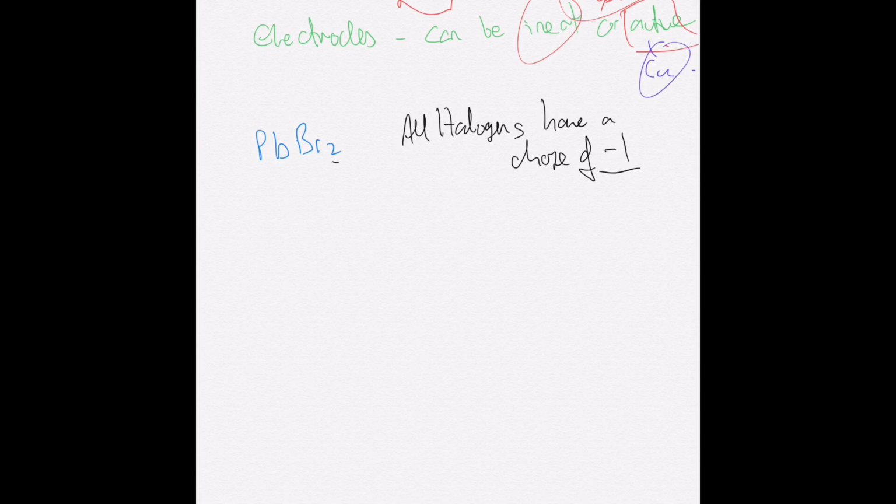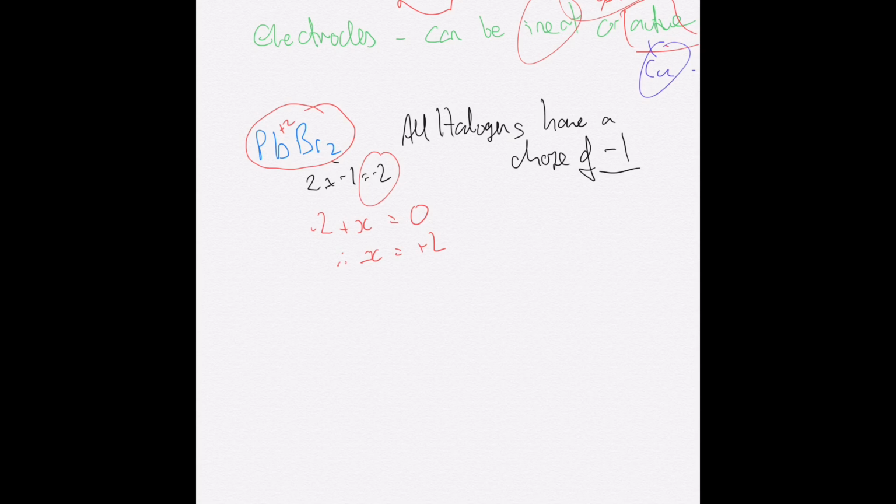So this little 2 here means there's 2 times -1, which is -2. For this to be 0 overall, -2 add x equals 0, therefore x equals +2. So the charge on lead is +2.